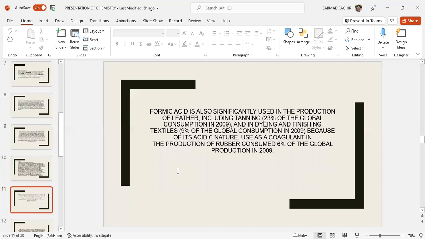Formic acid is also significantly used in the production of leather, including tanning, 23% of the global consumption in 2009, and dyeing and finishing textiles, 9% of the global consumption in 2009. Because of its acidic nature, it is used as a coagulant in the production of rubber, which consumed 6% of the global production in 2009.